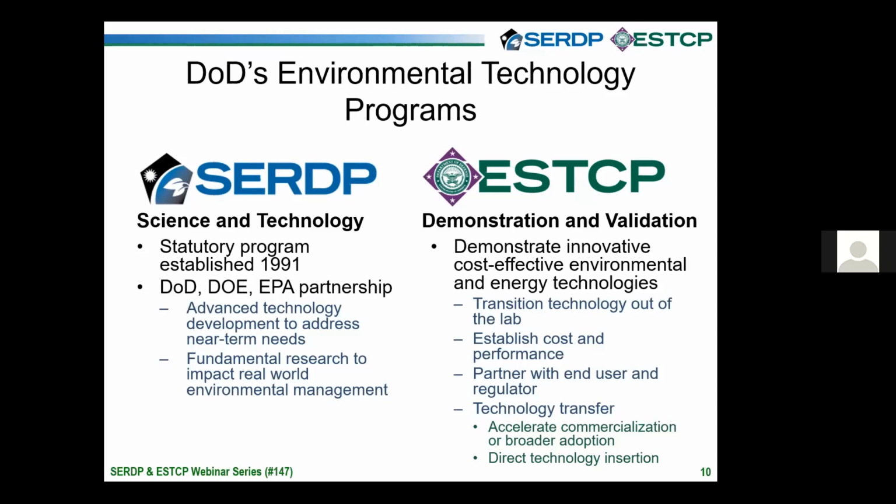Especially important in all ESTCP demonstrations is the ultimate transition to implementation and, more importantly, regulatory acceptance. SERDP and ESTCP are complementary programs, with much of the SERDP research occurring at the lab and pilot scale, with occasional field efforts, while ESTCP demonstrations are primarily at the pilot and field scale, although occasionally they do support lab efforts.